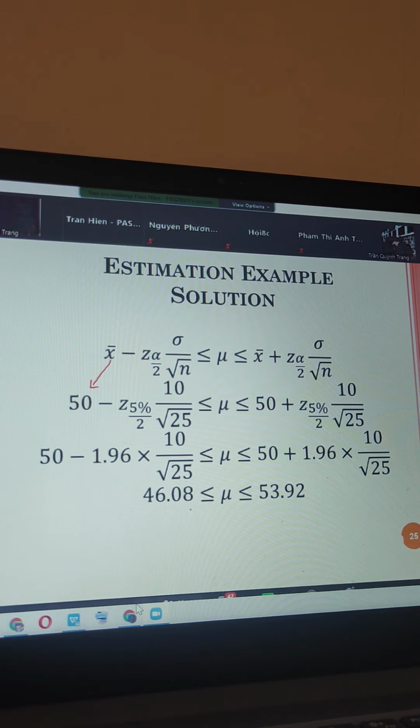The conclusion here is that the population mean will belong to the interval from 46.08 to 53.92. You can estimate the interval which the population mean belongs to. So this is the way we can find the confidence interval when you know the standard deviation of the population.